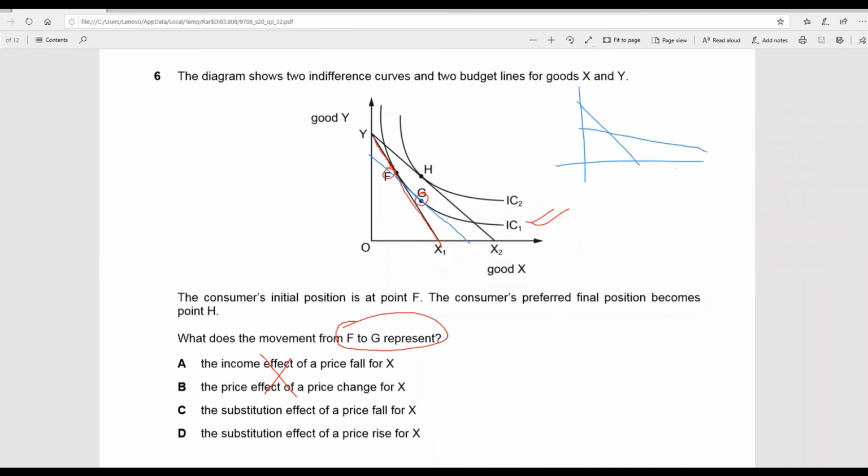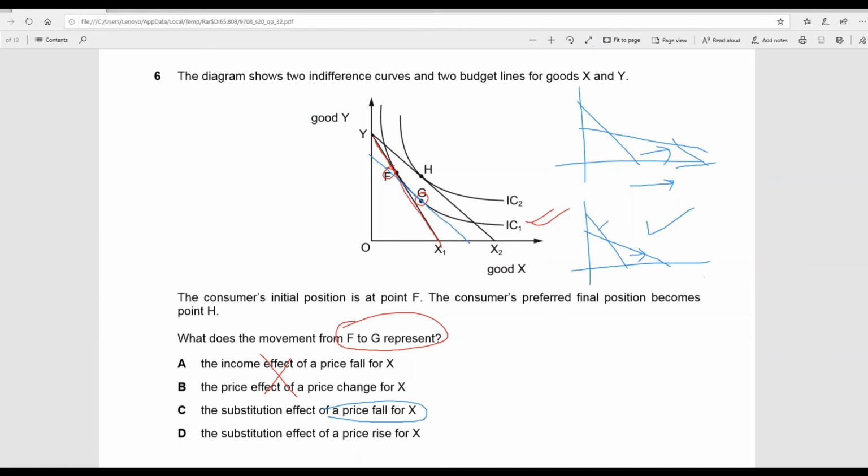Since the movement is such that we are moving to the right on the x-axis, it means product X is now relatively cheaper. So a price fall of X can cause this shift.